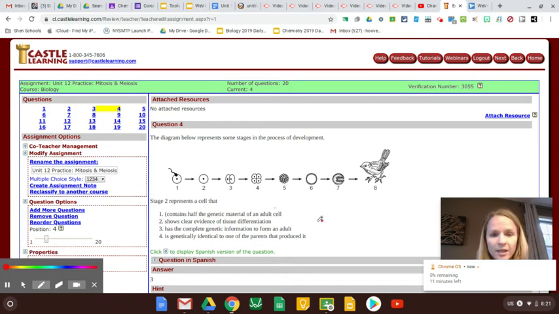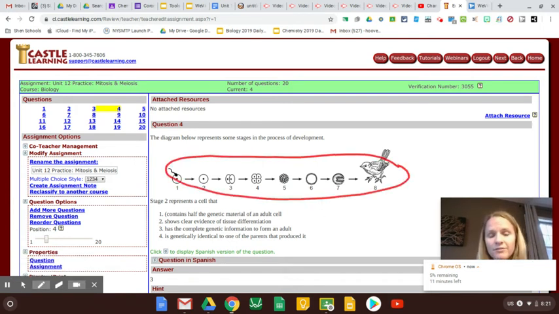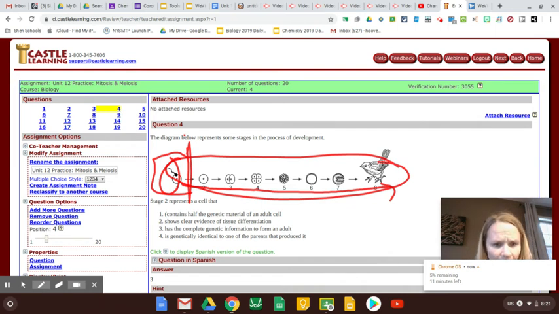And what's this asking me? Again, they're showing that development from a little sperm and egg. The making of the sperm and egg was meiosis, but the actual fertilization and all the growth that happens afterward, that is step two. Option one says it represents a cell that contains half the genetic material. Nope, the sperm and egg had half the genetic material.